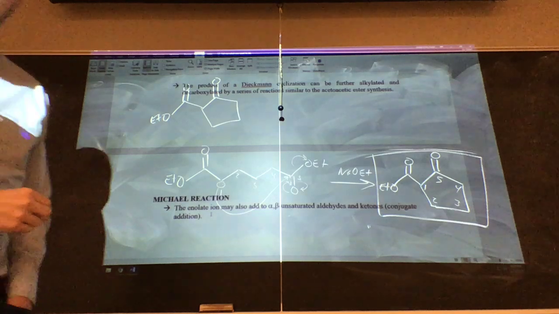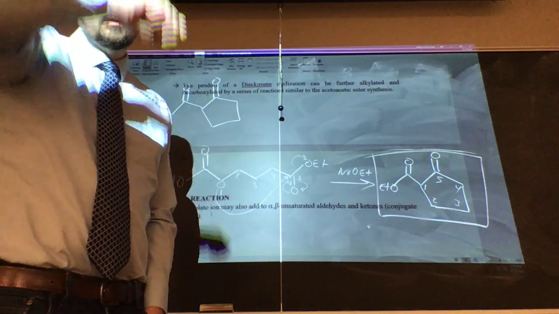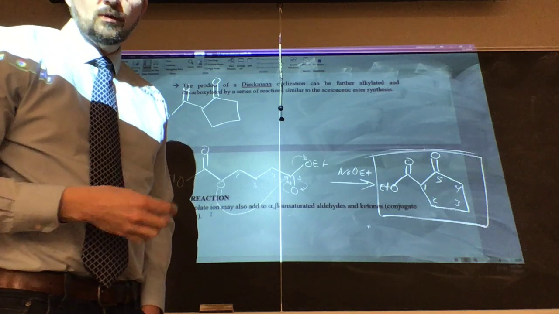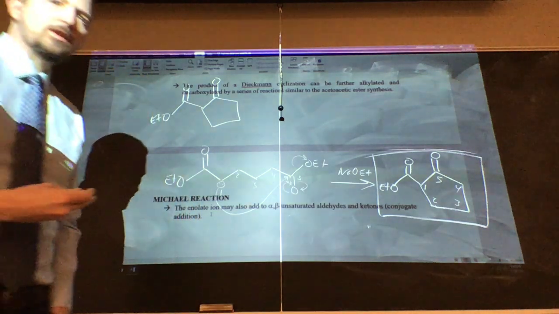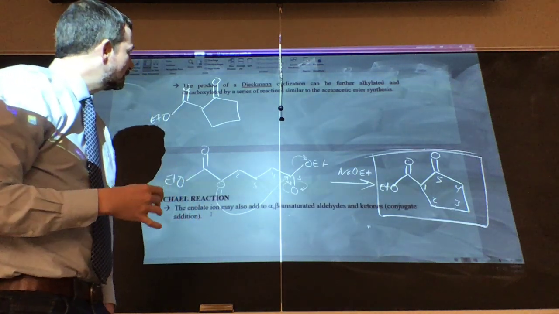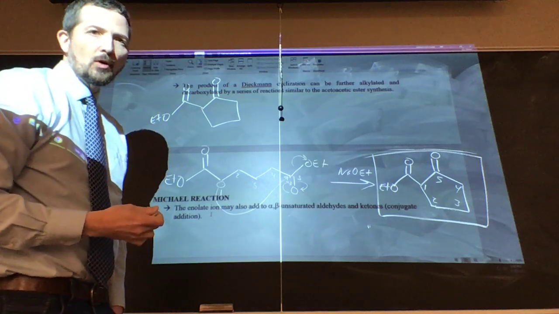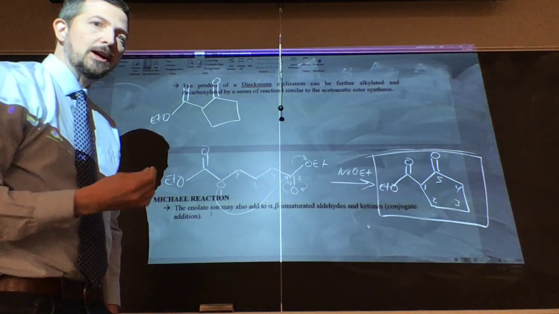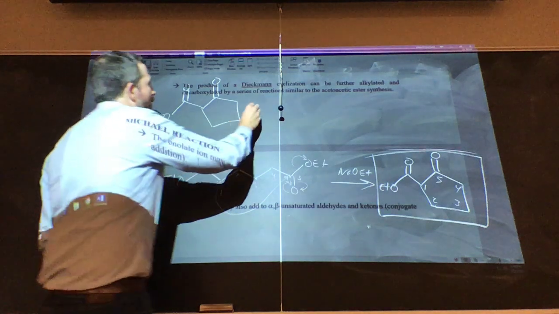One way that we've looked at to add alkyl groups is to use LDA if you only have a monocarbonyl compound. If you have a dicarbonyl compound, you can just use sodium ethoxide.